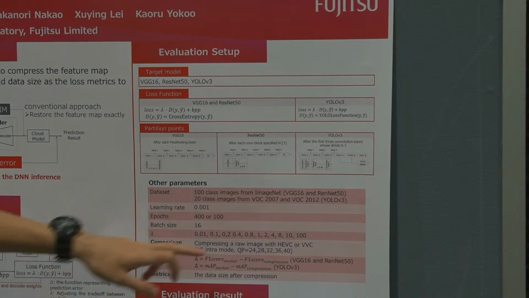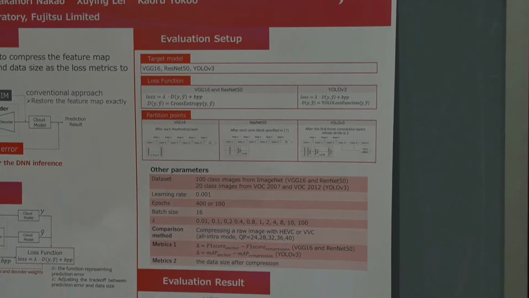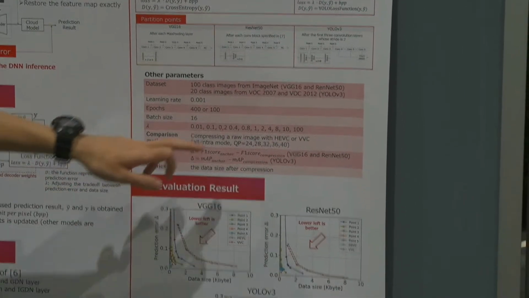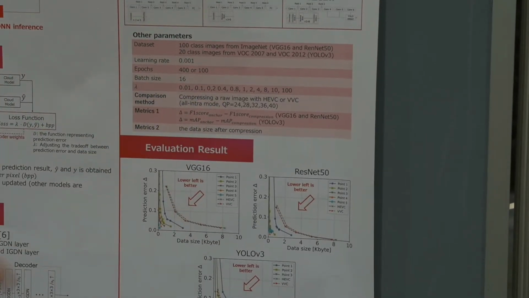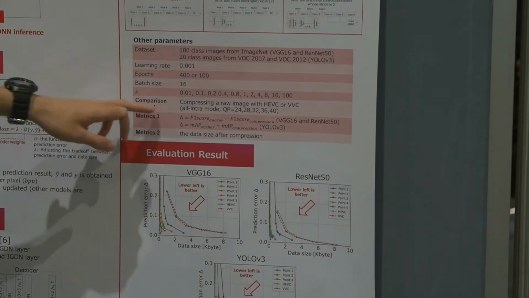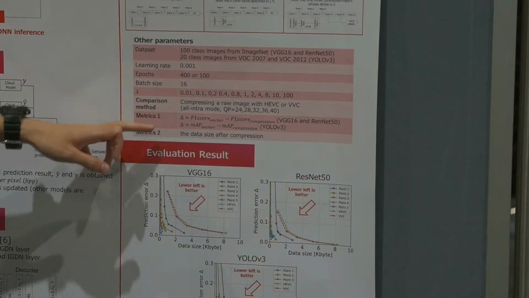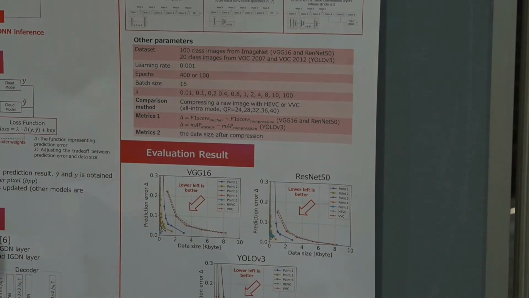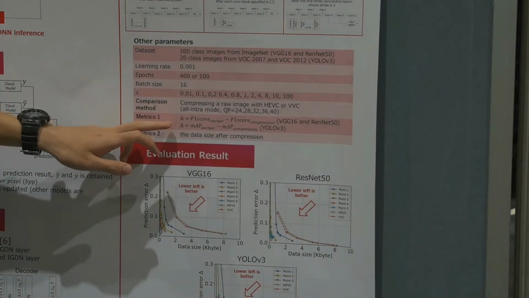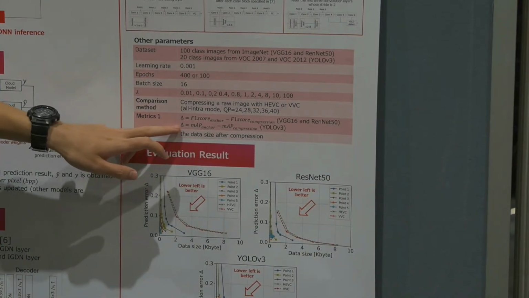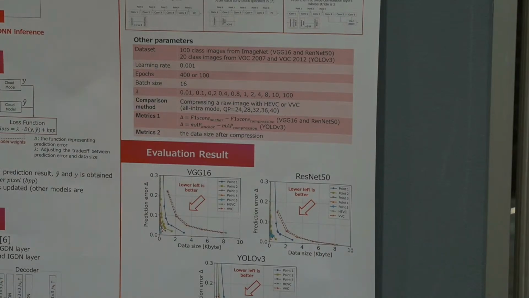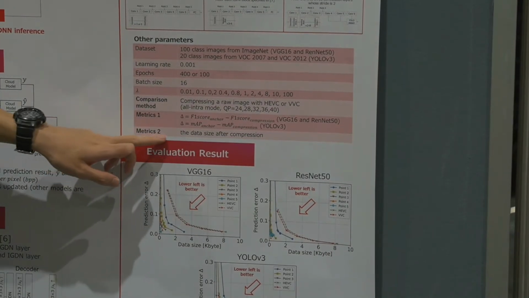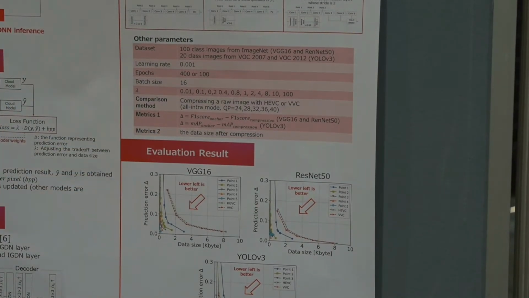The comparison methods are HEVC and BPG, which both compress a raw input image. There are two metrics. First is delta, the difference between F1 scores in the image classification models, and the difference between mAPs in the object detection model. The second metric is the data size after compression.